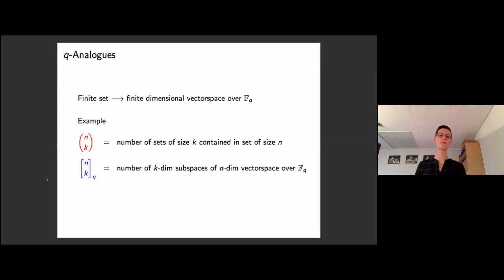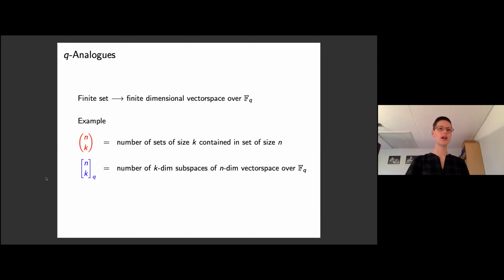For example, the binomial coefficient n over k counts the number of sets of size k that are contained in a given set of size n. The q-analog of that is the Gaussian binomial, sometimes called the q-binomial, and it counts the number of k-dimensional subspaces inside a given n-dimensional vector space. And of course, our space needs to be over a finite field, because otherwise this counting doesn't really make sense.